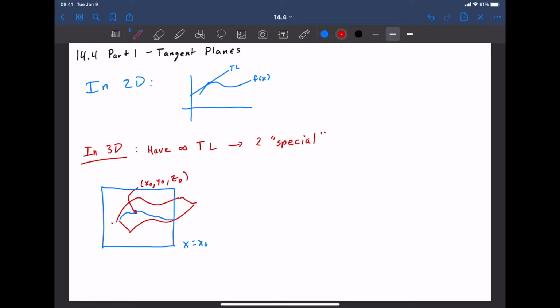And we can also take that same point and chop the surface in the direction parallel to the x-axis, so to speak, parallel to the xz plane.